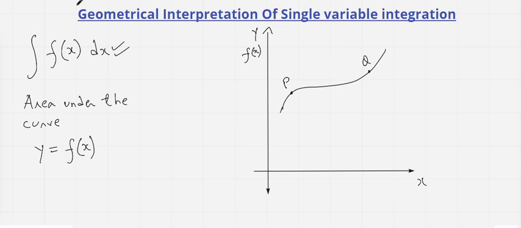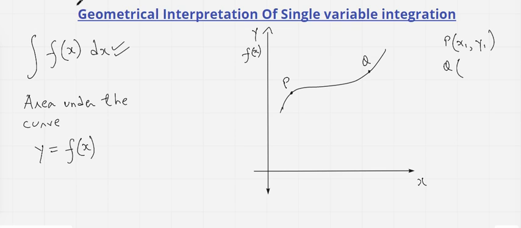Now I'm going to assign the coordinates. Let the coordinates of my P be x1, y1, and the coordinates of my Q be what?